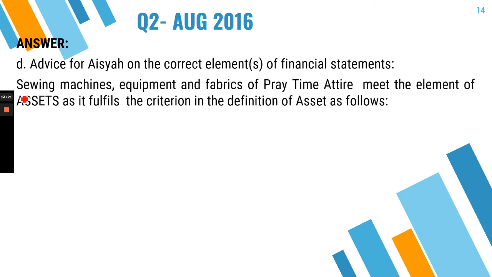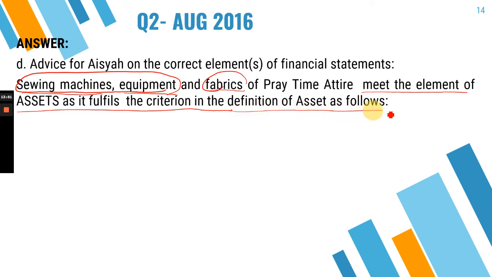Fabrics are raw material, but equipment and sewing machine are the tangible items used to produce the telekung. They meet the element of asset. You cannot simply say it meets, but you need to prove it by showing how it meets the definition of asset itself.